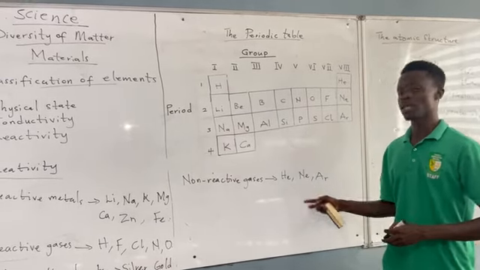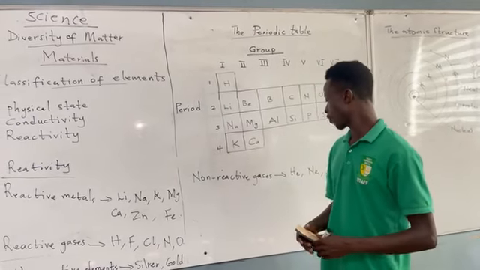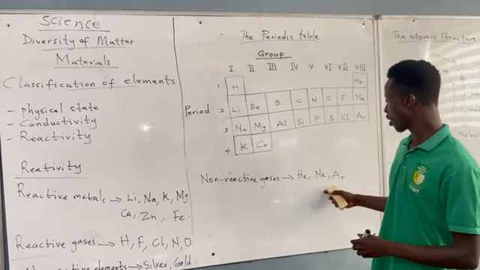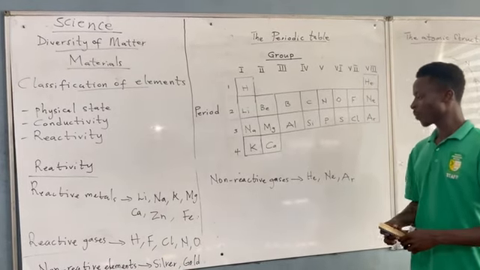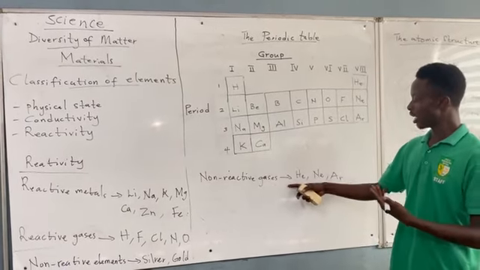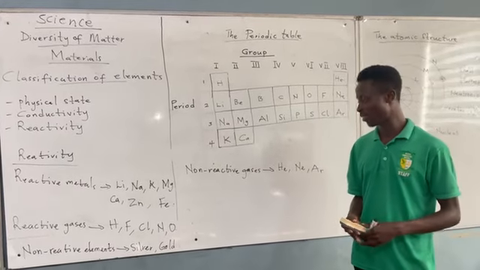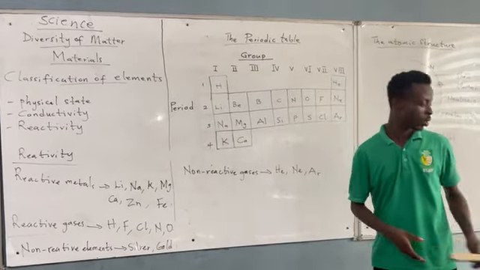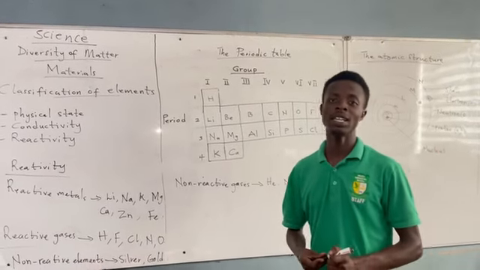These gases do not react with any other gases to form compounds. They exist as atoms. They can also be called noble gases because they are non-reactive. So that's the end of this lesson.